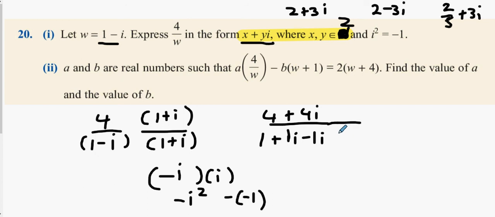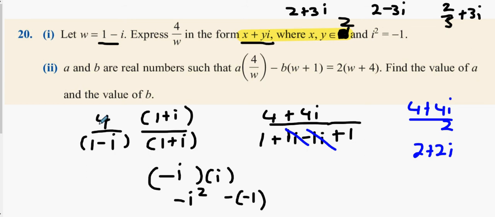On the bottom, the i's cancel, and you're left with 4 plus 4i divided by 2, which is 2 plus 2i. All good with that?